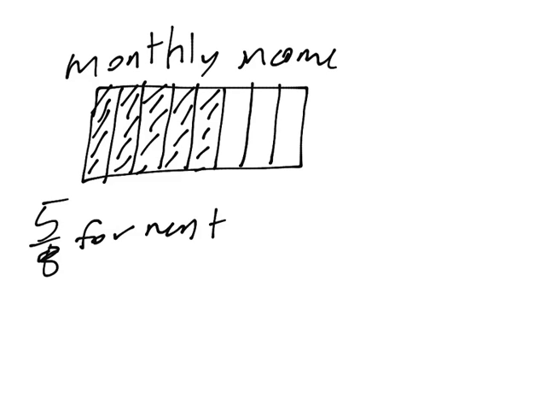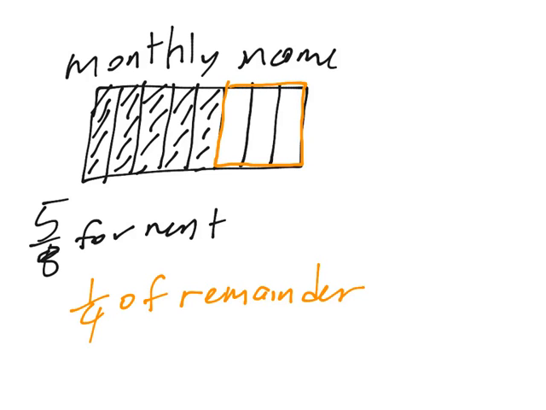Again, I don't know how much income there is, but if I broke it up into 8 equal pieces and spent 5 of them, I've now spent 5/8 of the income for rent. But now when I go off and do 1/4 of the remainder, this remainder, what's remaining unspent, can be broken up into 4 equal pieces rather nicely.